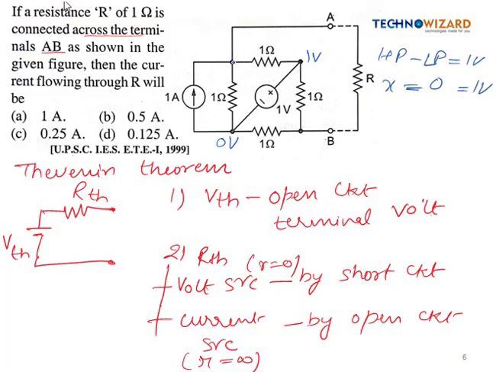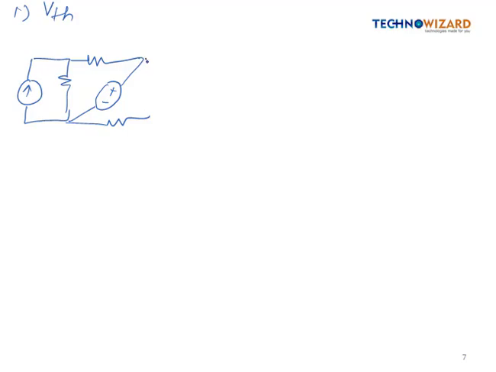So here suppose the voltage is V1 and the voltage at this node is V2. So first of all, we'll find the value of VTH. For that, we have to draw the circuit like this. Here a current source is present and this is a resistance. There is another resistance here, a voltage source is present, so this is plus, this is minus, and this is a resistance.